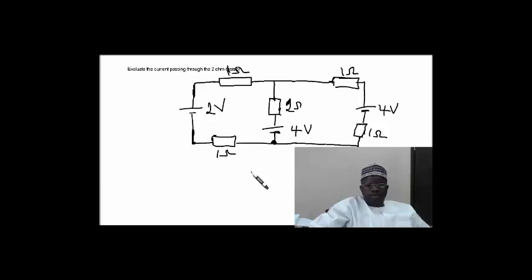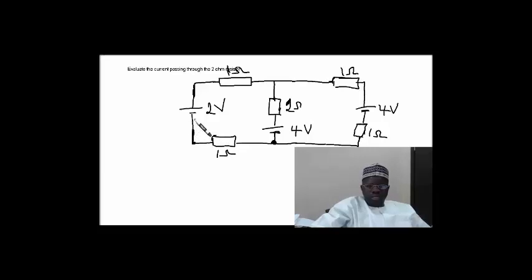So as usual, we will assign currents in the sections of the circuit and also try to adopt one loop for each closed circuit. Okay, so let's assign our currents.